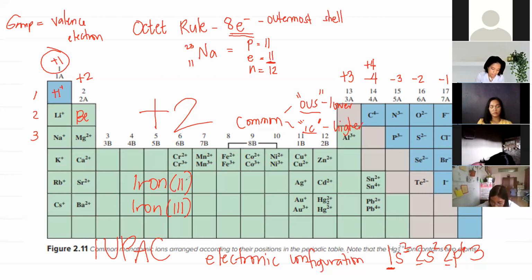Like iron, its lower charge is positive 2, so it ends in OUS. But we don't call it ironous. We call this ferrous, going back to its Latin name. Ferrous is what we call the iron supplement, ferrous sulfate.